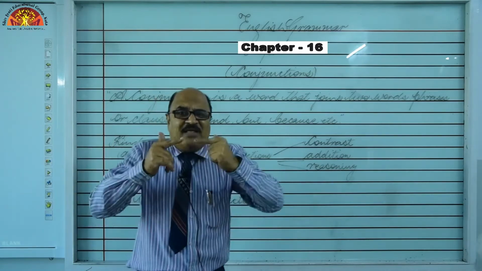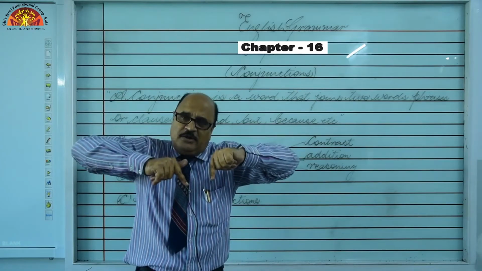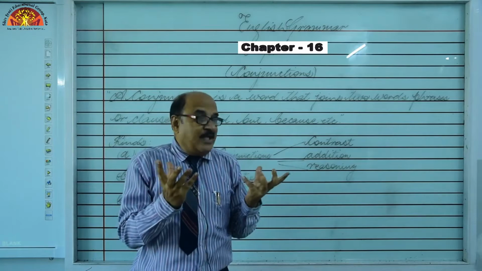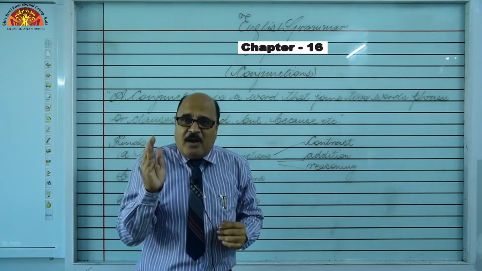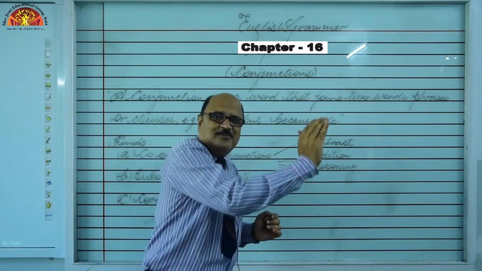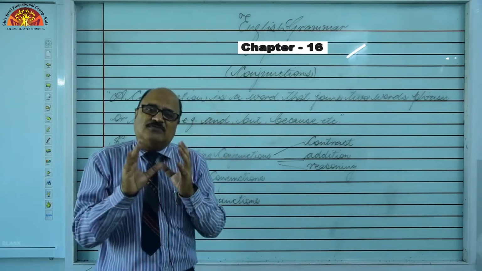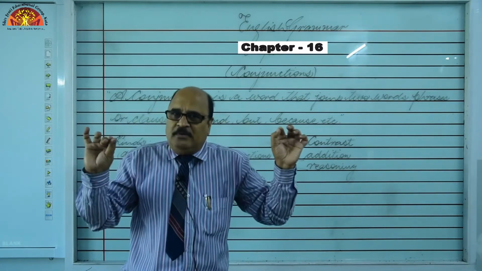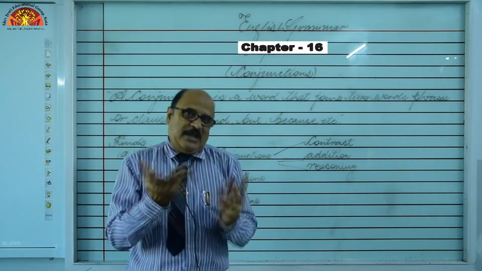But when these two sentences are joined together using another word, for example, and, the sentence is: Ram and Shyam are good boys. The rest of the part, is a good boy, is common, and we have connected Ram and Shyam.